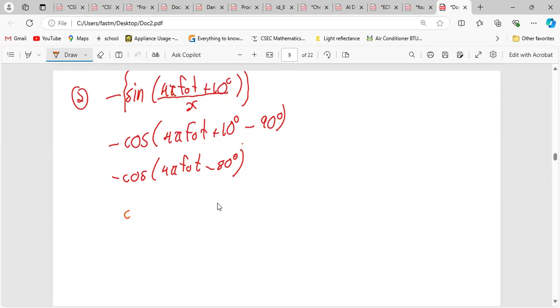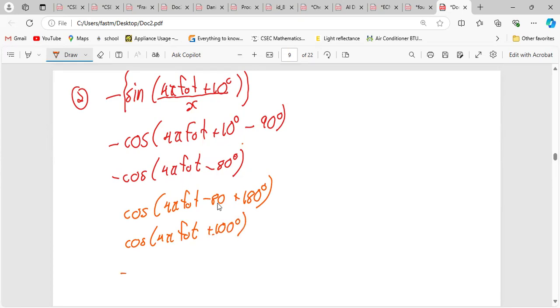So we finally end up with the cos of 4 pi f naught t, minus 80 plus 180, so I think 100. And we could finally factorize it. I like to do that last, after I do what I've got to do.